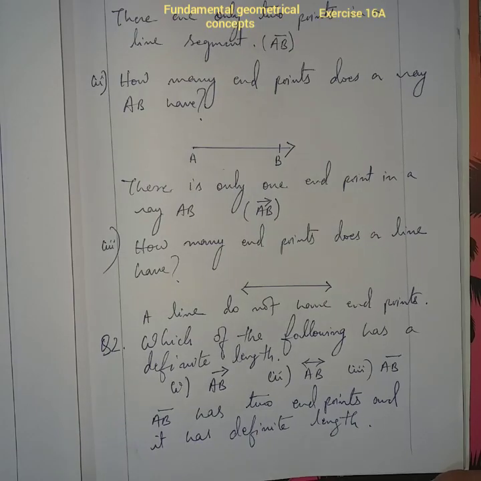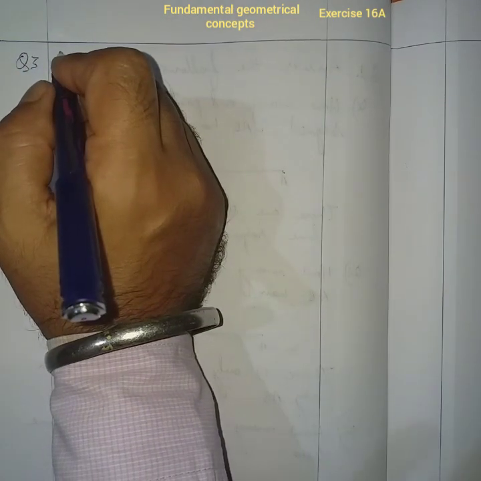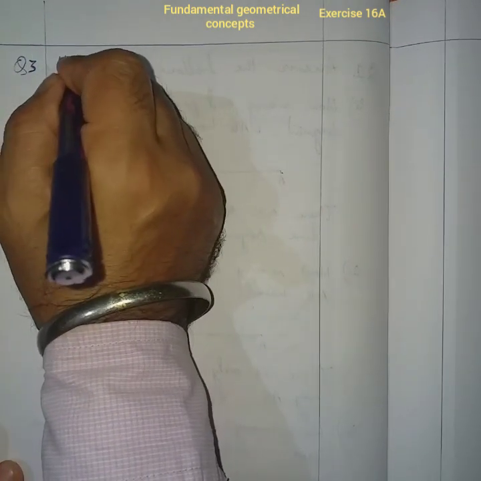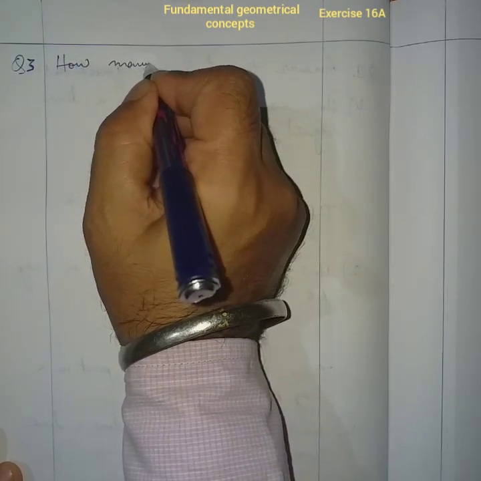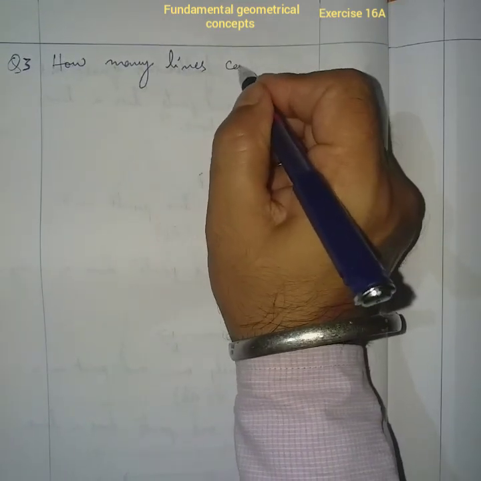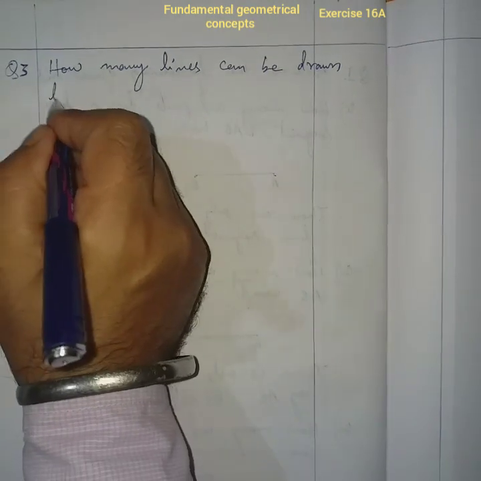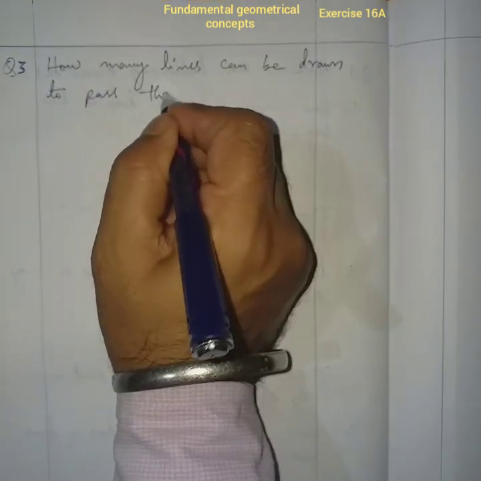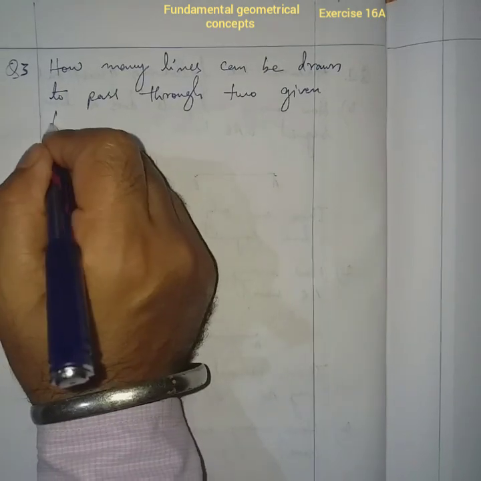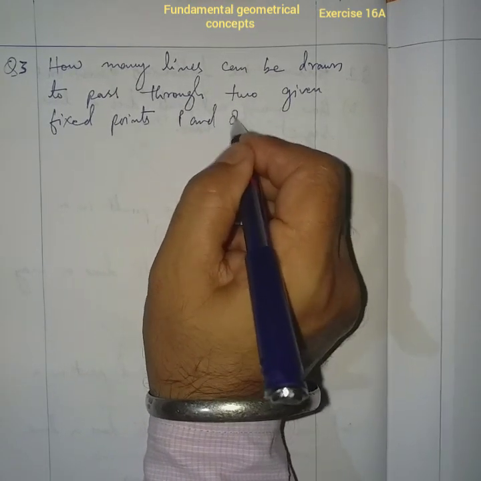Okay, now question number 3. How many lines can be drawn to pass through two given fixed points P and Q?